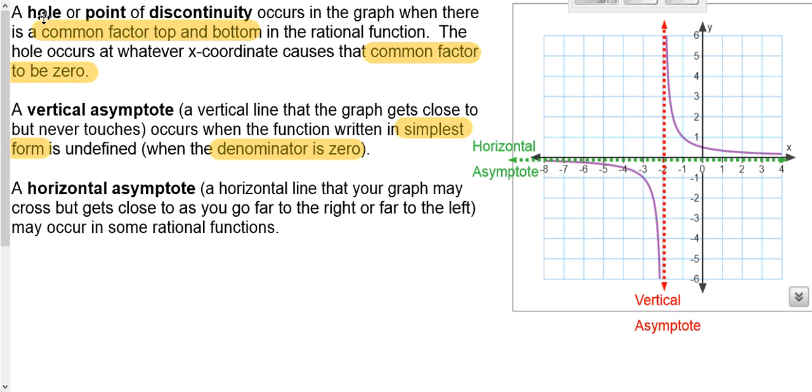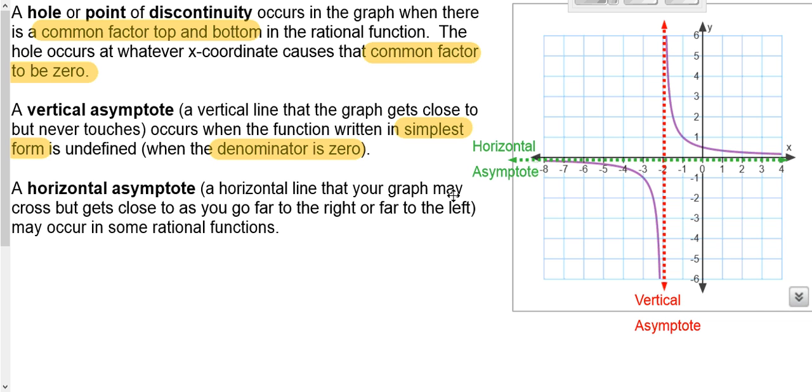Now, a hole is technically referred to as a point of discontinuity, which occurs when there's a common factor top and bottom. To figure out the y-coordinate of that hole, you take what causes that common factor to be 0 and plug it back into the simplified function. A vertical asymptote occurs when the simplified function still has variables in the bottom, and it's what causes that to be 0.